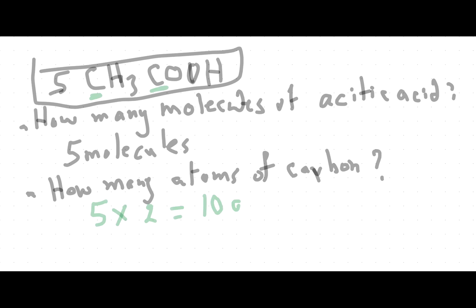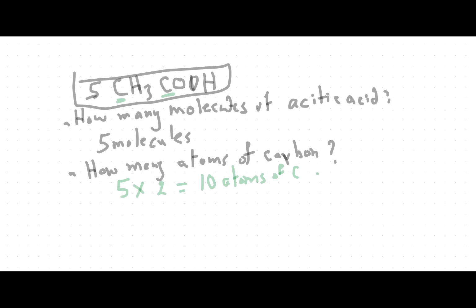So how to read it? If they ask me to read it according to the number of atoms. I didn't understand. How we need to read it. So we have 5 molecules of acetic acid.